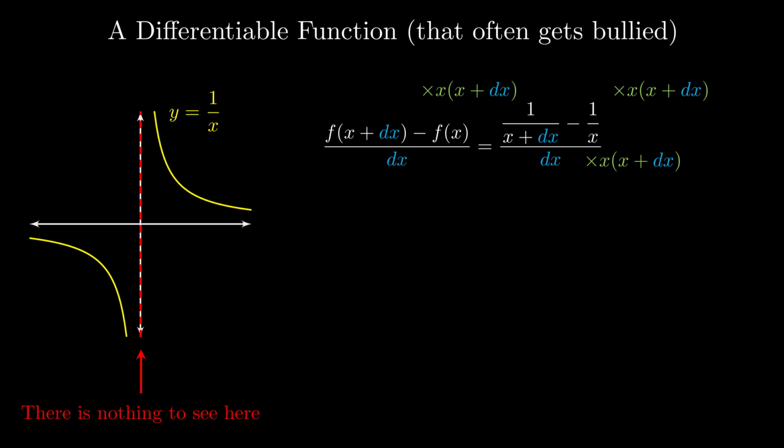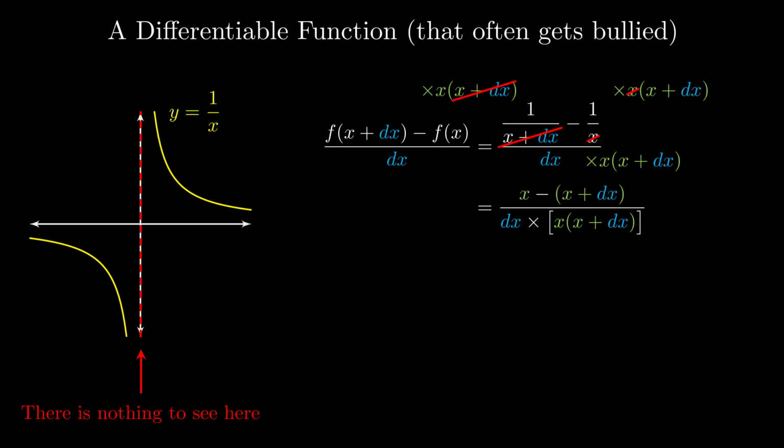On the first term, the 1 over x plus dx, well, that denominator is going to cancel the x plus dx, leaving you with just x. On the right, the x on the bottom will cancel with the x we multiplied, leaving you with just x plus dx. And on the bottom, it has to get multiplied. So that's what you get. All right.